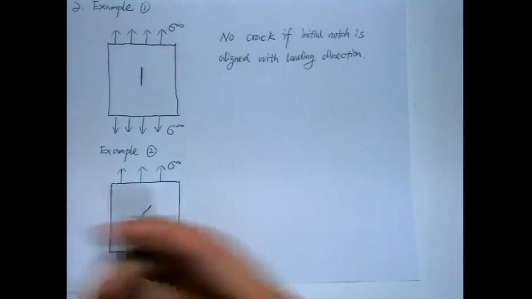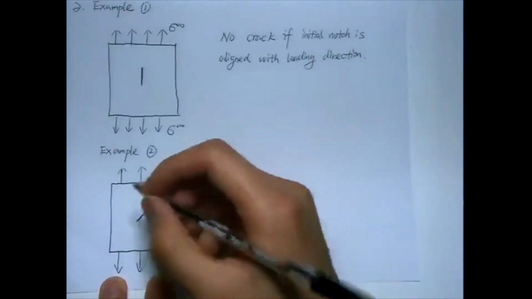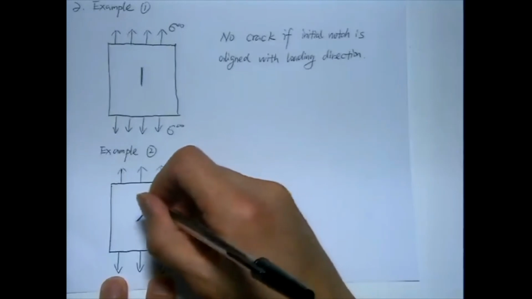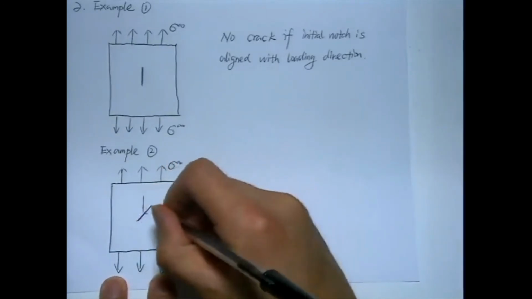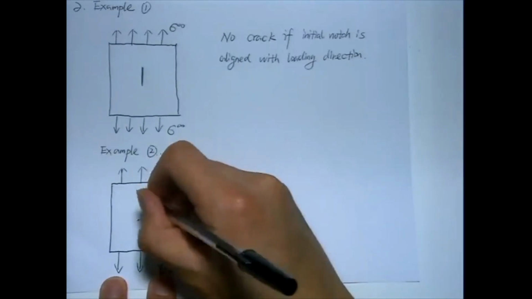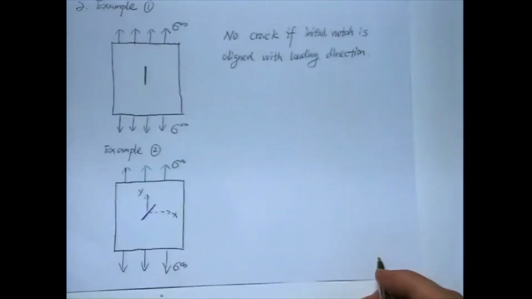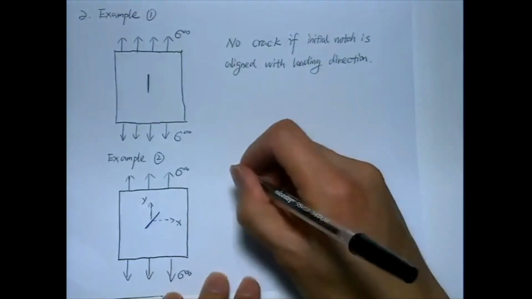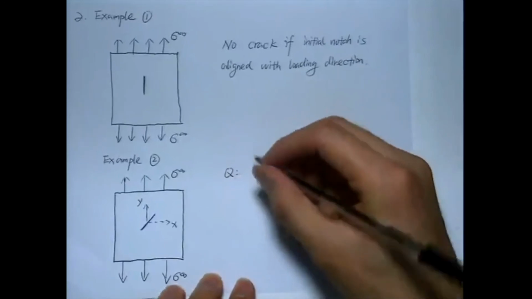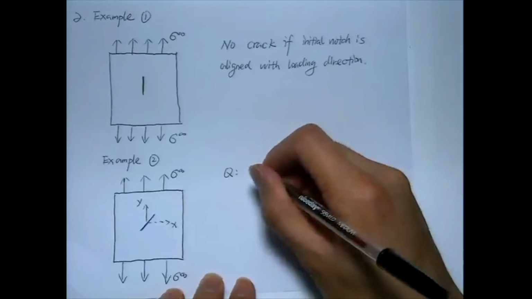We define a coordinate system. Let's put it here. The coordinate system should be, in general case here, x, y. So my question here, K_I.